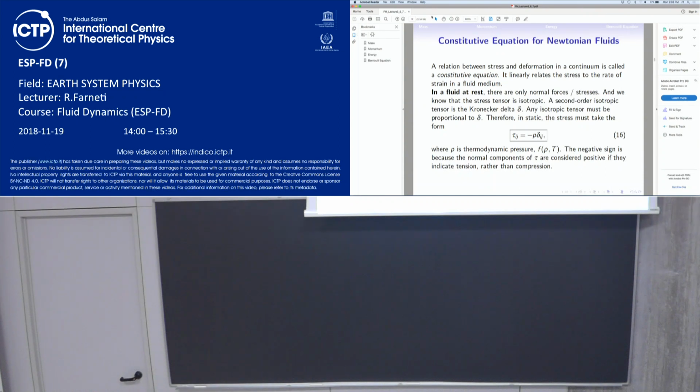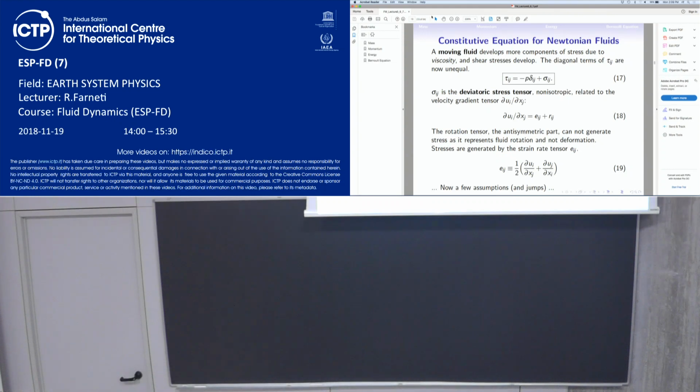Because there are only normal forces, the stress tensor is isotropic, the same value everywhere. The only second order isotropic tensor is the Kronecker delta, so any isotropic tensor tau in static condition has to be proportional to delta. In static condition tau equals minus P, pressure, times the Kronecker delta. But that's just in static condition.